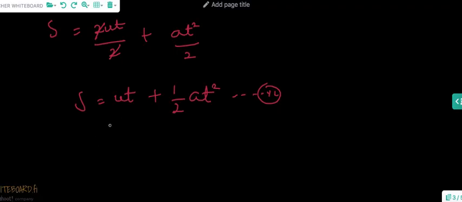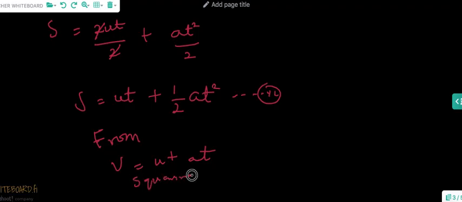From the first equation, from v equals u plus at, we can derive equation 3. By doing this, you can square both sides of the equation.